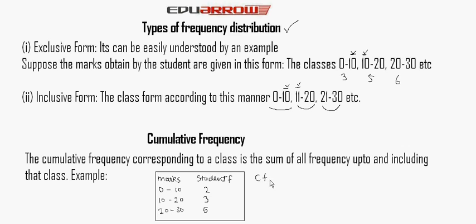Next cumulative frequency is 2 plus 3 equals 5. Next cumulative frequency is 5 plus 5 equals 10. So this is the cumulative frequency of the given classes. This chapter is over.